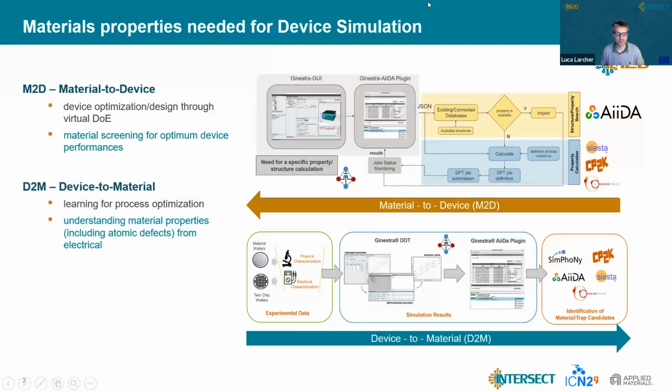Yeah, good, Pablo, and again, Luca Larco speaking here. One of the points I already described is IM2D and these two workflows. I don't need to repeat myself, but it's critical to get material properties. And the key point that we have in the industry is, how can I get these material properties?